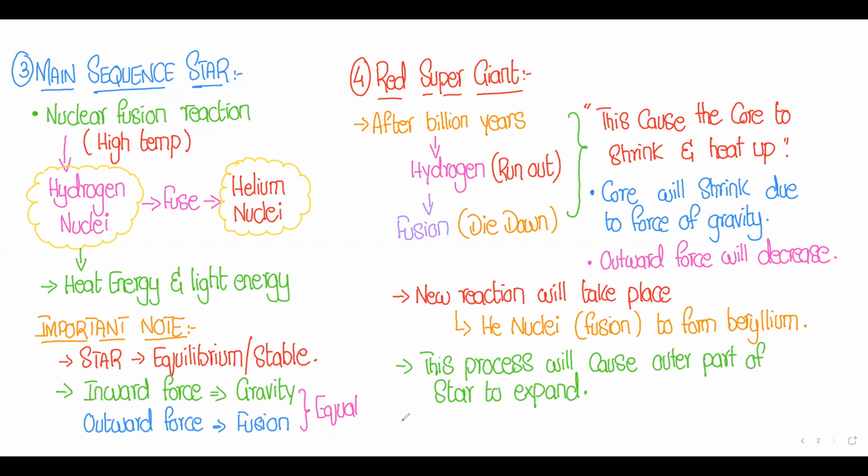So another important thing in this process is why we call this stage a red supergiant, because the red color represents that the outer surface starts to cool. So the temperature of the outer surface will start to decrease. So that's why we call it red supergiant, right?